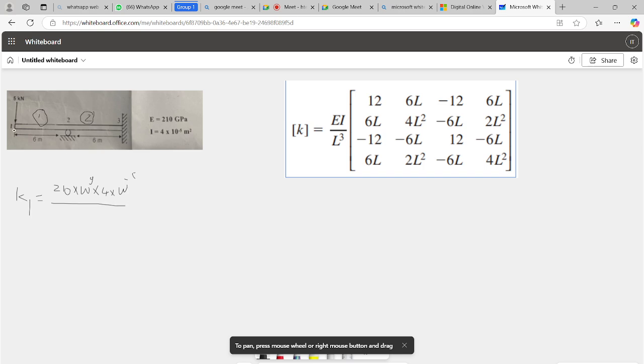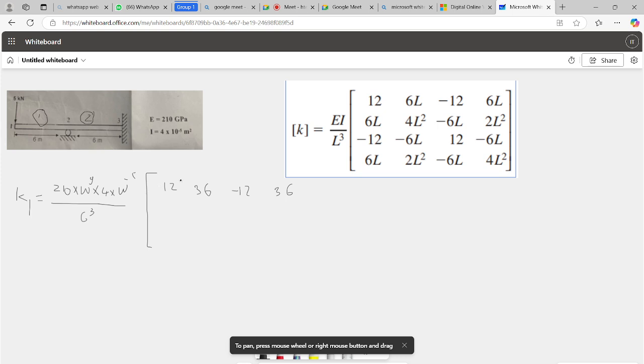What is the L between nodes 1 and 2? It is 6, so it's going to be 6 cube. Now you copy the formula. The formula says we have 12. We have 6L. 6L will be 6 by 6, which is 36. We are following the formula. We have minus 12, and we also have 6L, which is 36.